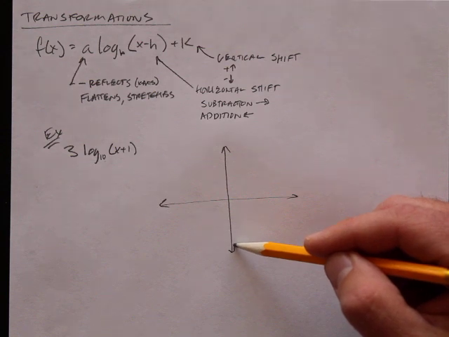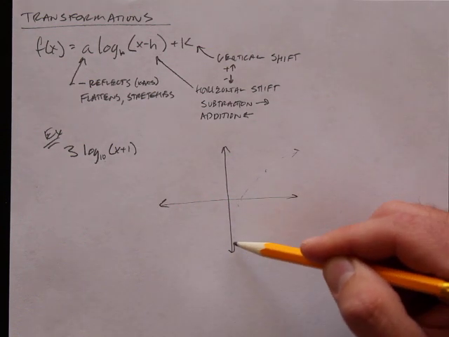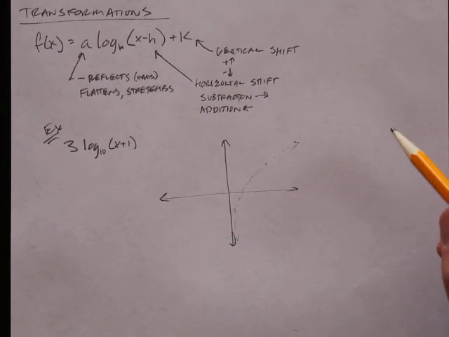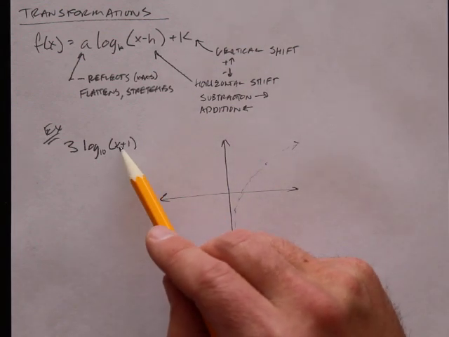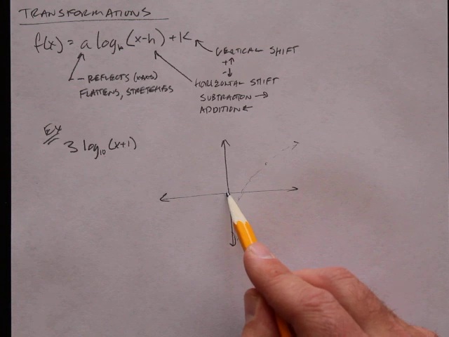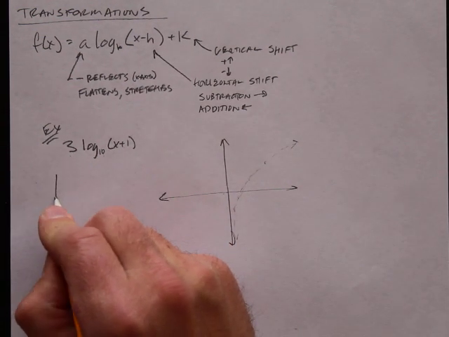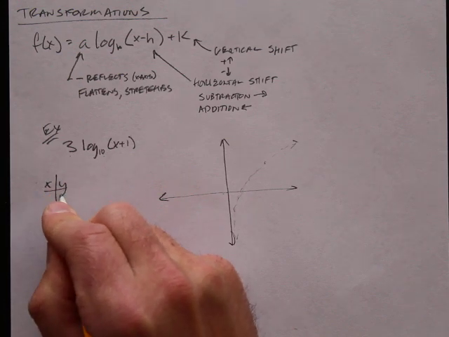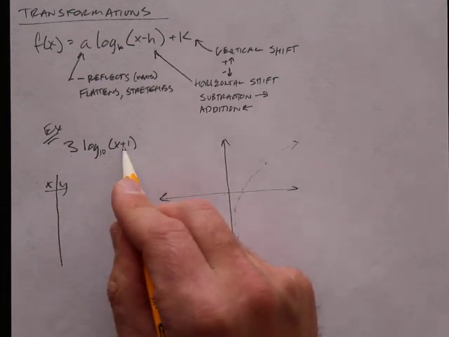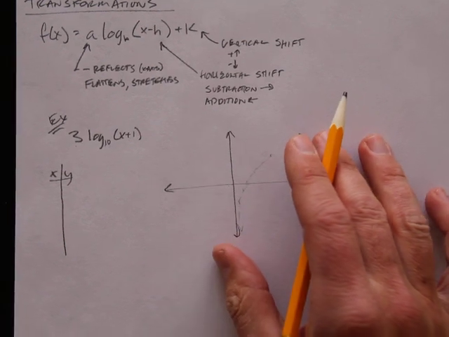So your parent graph is going to look like this, the exponential form of the log function. And then it's going to move to the left 1 space. And then the 3 is going to do something to it too. But let's do a t-table and let's graph it and let's look at it. So I've just told you what's going to happen here. It's going to move over to the left 1. Let's see what this 3 does to this function here.